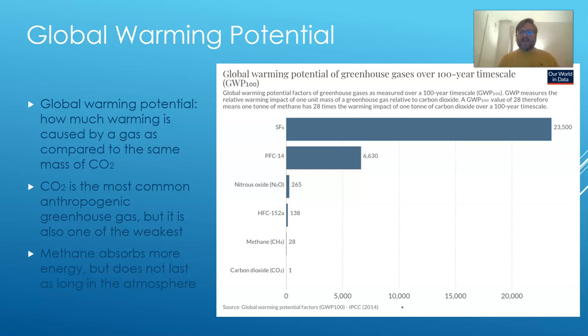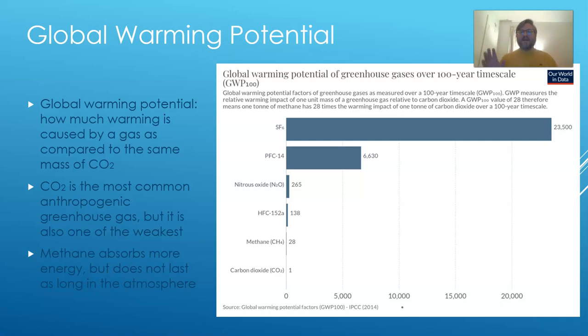And then you see we've got some other gases that have even higher global warming potentials. Okay, so HFC-152a has 138. Nitrous oxide is 265 and it goes all the way up to SF6, which has 23,000 times the global warming potential on a kilogram-for-kilogram basis as compared to carbon dioxide.